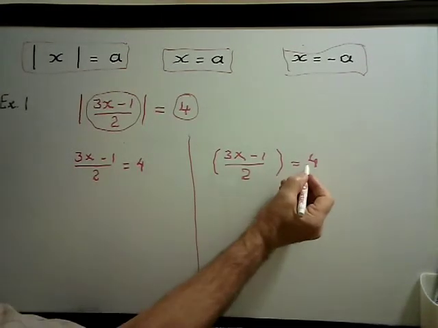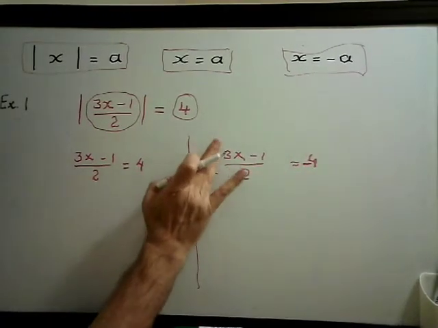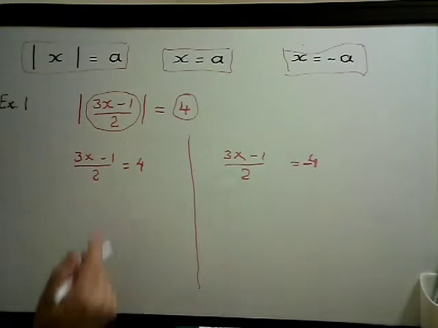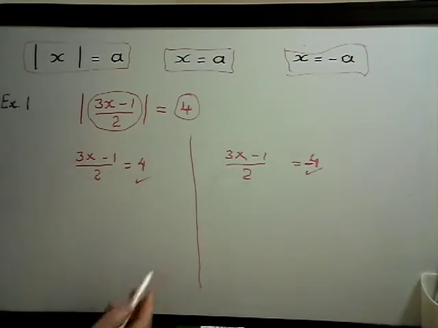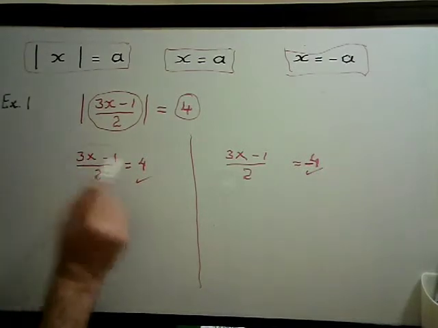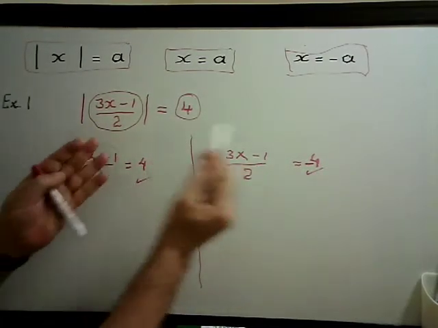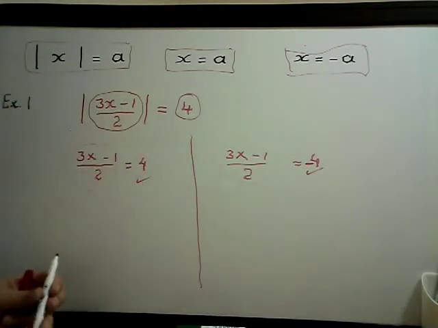So that's why we can write it right away this way, just writing positive 4 here and negative 4 here. The same quantity here, still the same quantity here. These two situations are the solution for the absolute value.